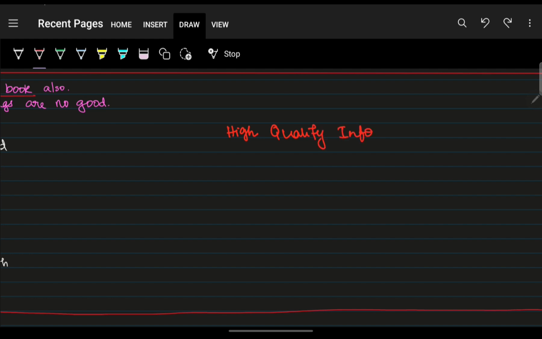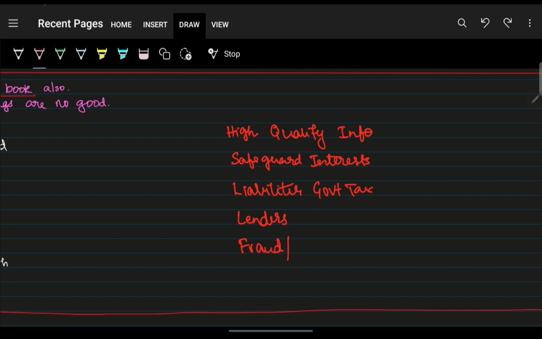Next, they will safeguard our interests. Next, they will protect us from liabilities. What kind of liability is this? This is the government tax liabilities, right? They will help us with lenders, right? But we will commit fraud, like we will try to cheat them, or we'll try to go over their heads, right?